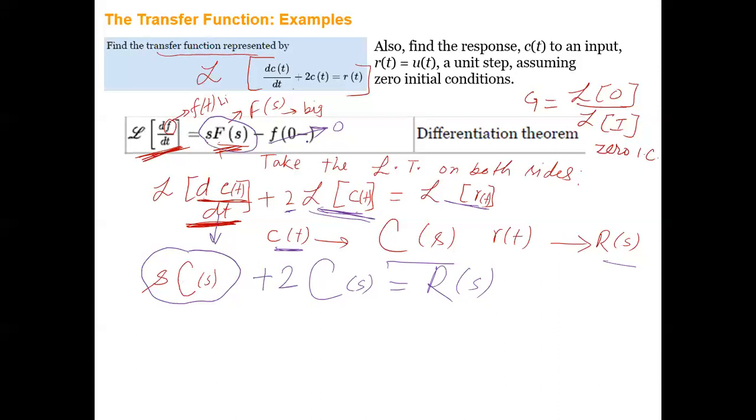Yes, always, because by the very definition, in the transfer function we always take a zero initial condition. Did I answer your question? Yep, sounds good. Okay, any other questions, please?